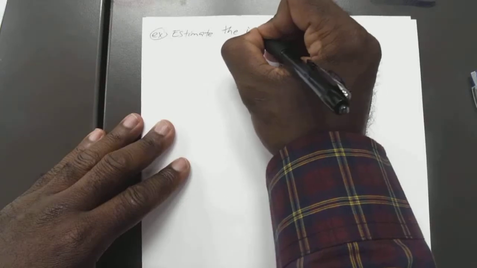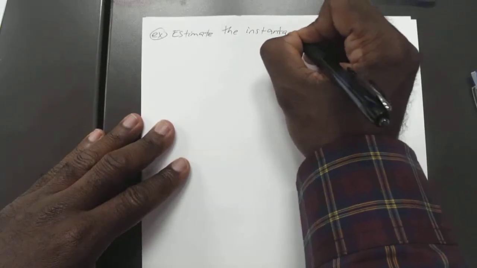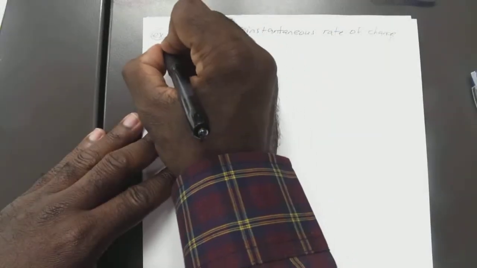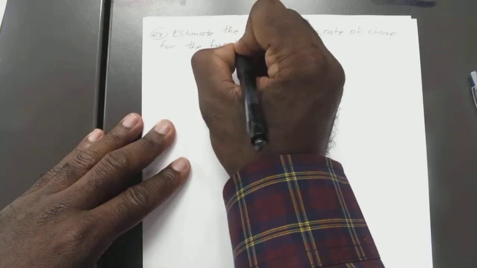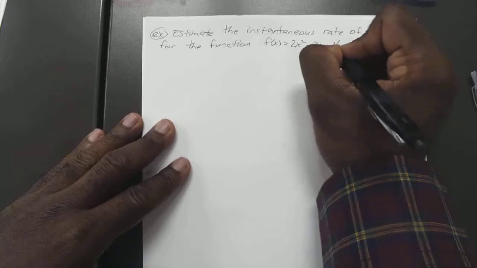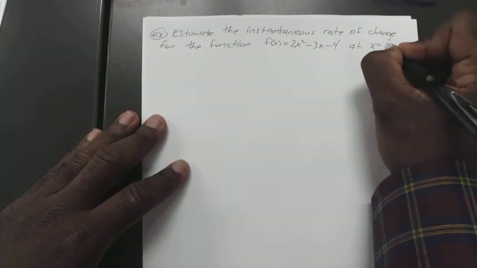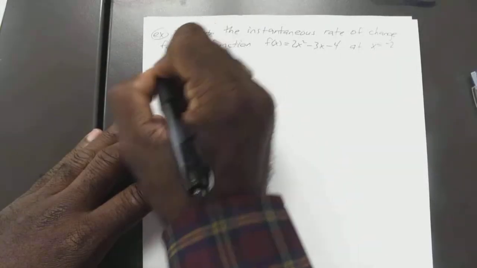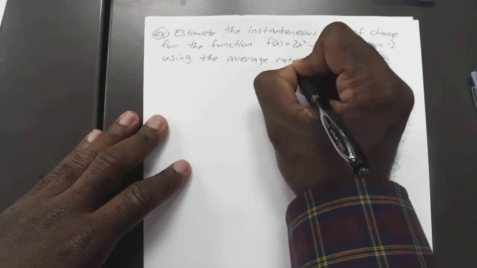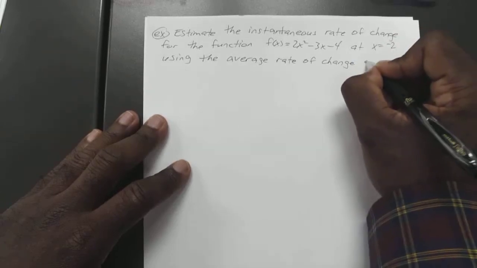All right, so let's say we want to estimate the instantaneous rate of change for the function f of x equals 2x squared minus 3x minus 4 at x equals -2, using the average rate of change over smaller intervals.